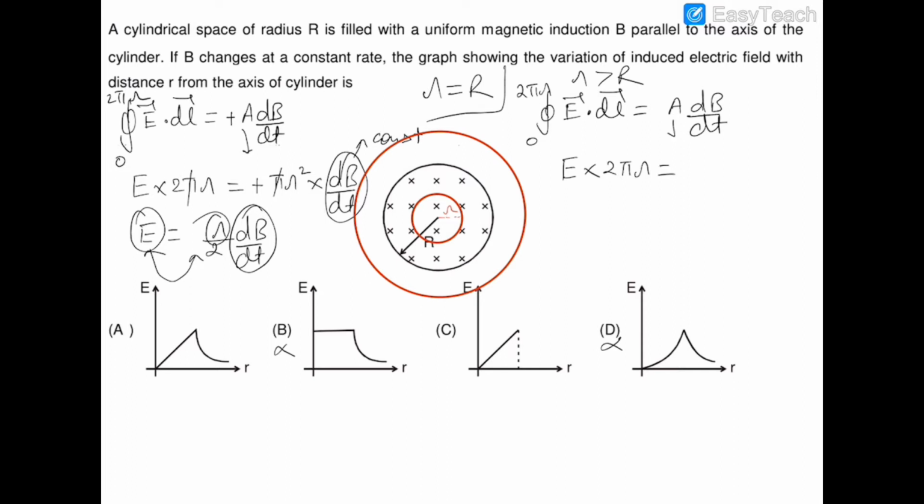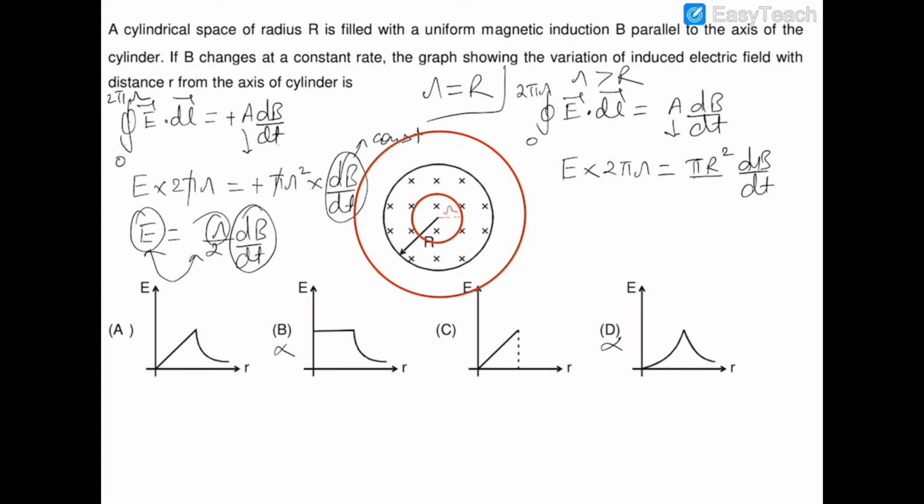Now this area should be the area with which the magnetic flux is linked. We know that in this region it is empty space, and there is no magnetic field linked. So the area we are talking about is only that area in which magnetic flux is linked. The area of this magnetic cylindrical region is pi capital R square, and it is being multiplied by dB by dt, which is a constant term.